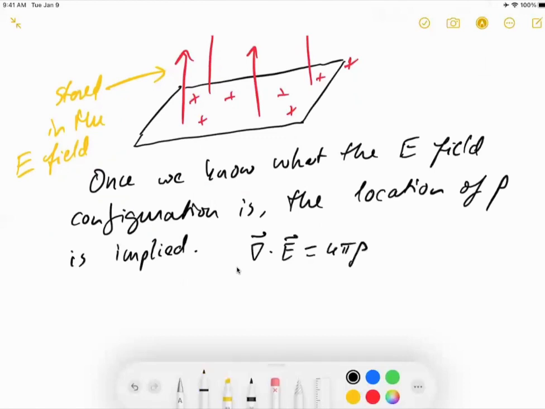So the electric field will tell you where the rho is.